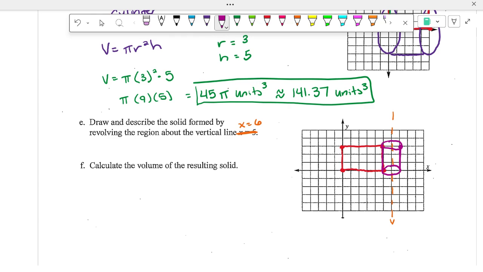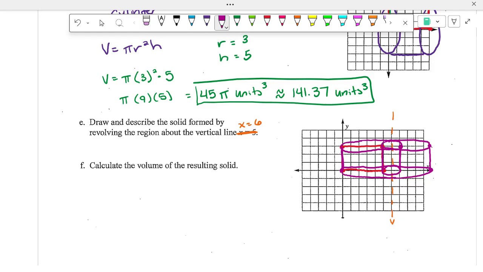The big cylinder is going to be all the way out here. So it's literally a cylinder with a hole in it.